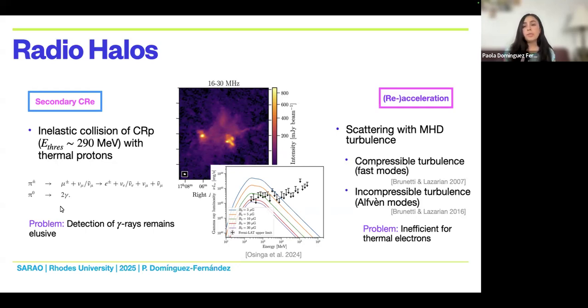Now, the problem with these reacceleration models is that these are Fermi-2 type mechanisms. So that means that this mechanism would be inefficient for thermal electrons, right? And so for this mechanism to be efficient, what you need again is a fossil population of electrons.